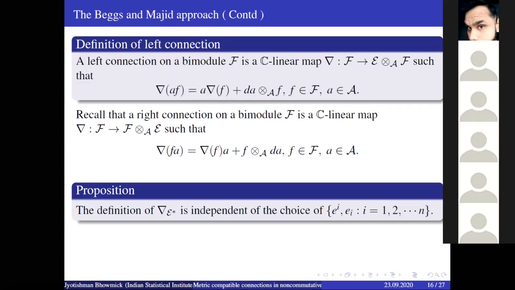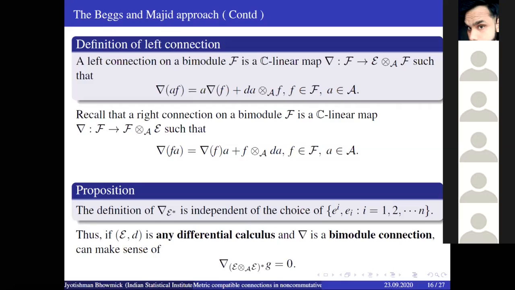It can be checked that these are independent choices, and thus, if you work with bimodule connections, you now know how to make sense of this. So start with a connection on E, you get a connection on E tensor E that requires bimodule connections, and in the second step, it was free.